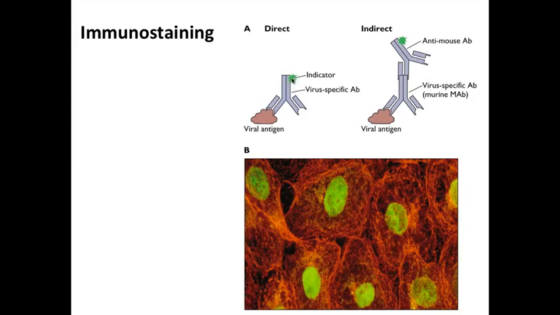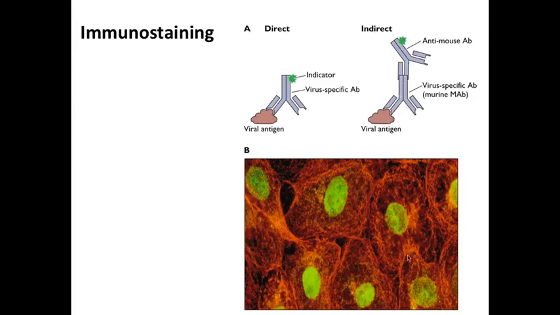There are many different ways that you can detect this, either by UV or other ways, dyes, chemicals of various sorts. You can either directly add this indicator to the antibody, or you can add the indicator to a second antibody that will then bind to the first, which is in turn bound to the viral antigen.